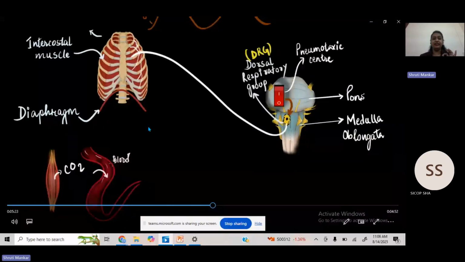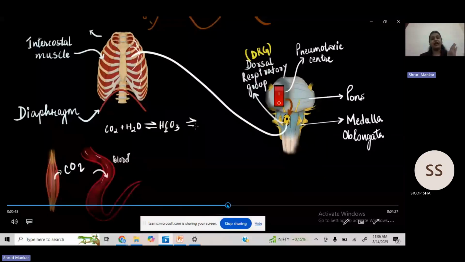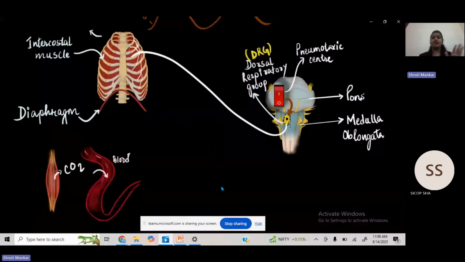This carbon dioxide mixes in the blood, and when it comes in contact with water, it forms carbonic acid, which further dissociates into H plus and HCO3, that is, the bicarbonate. Here comes your Bohr effect and everything, but I am restricting myself to the carbon dioxide itself. So there are two things which have happened.